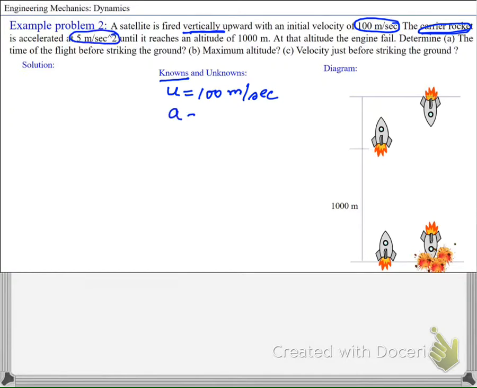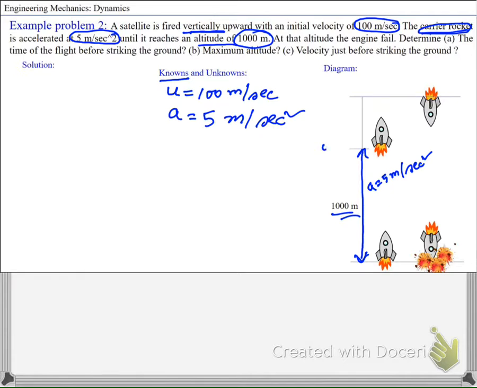So acceleration is 5 meter per second square until it reaches an altitude of 1000 meter. So if it's the ground, until it reaches 1000 meter, the acceleration was 5 meter per second square.